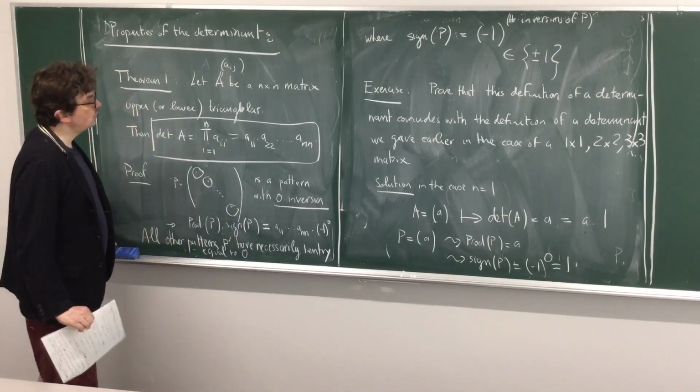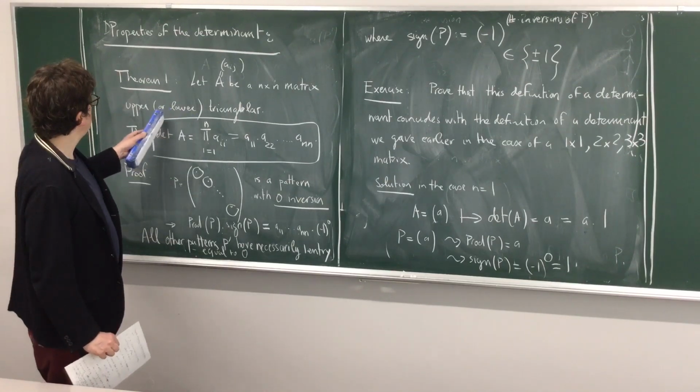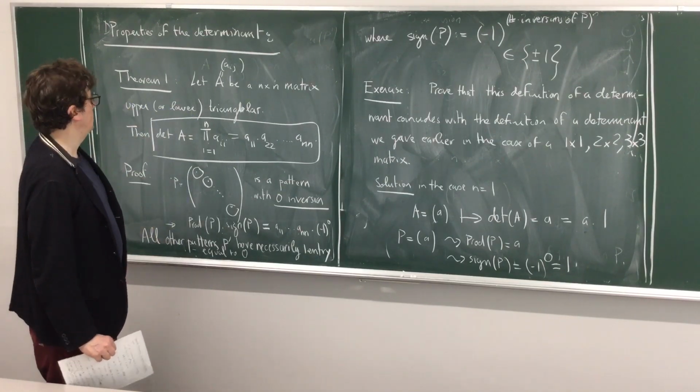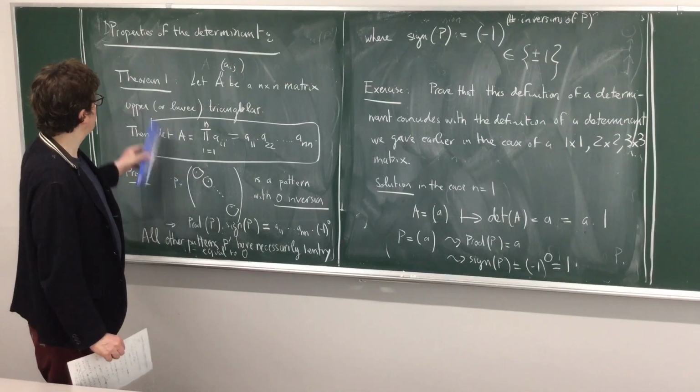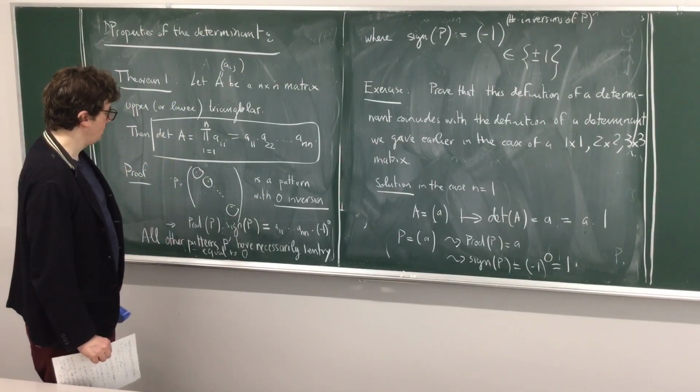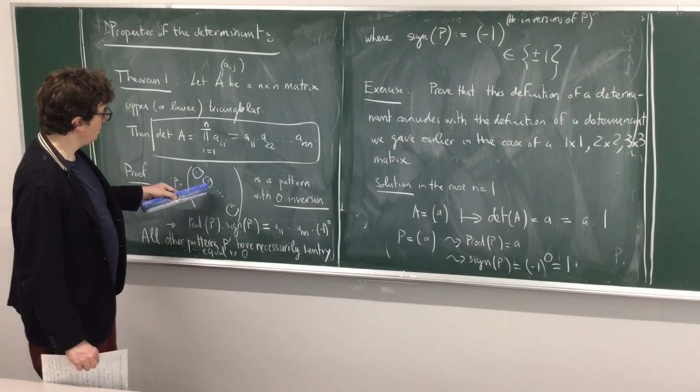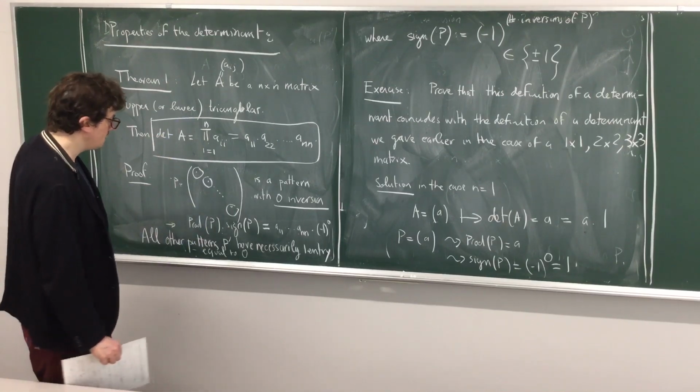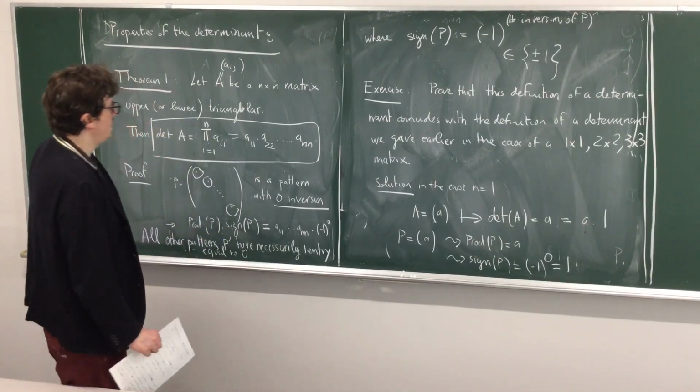This is because of our hypothesis that the matrix is upper or lower triangular. So except this pattern, you will have necessarily one other entry equal to 0.